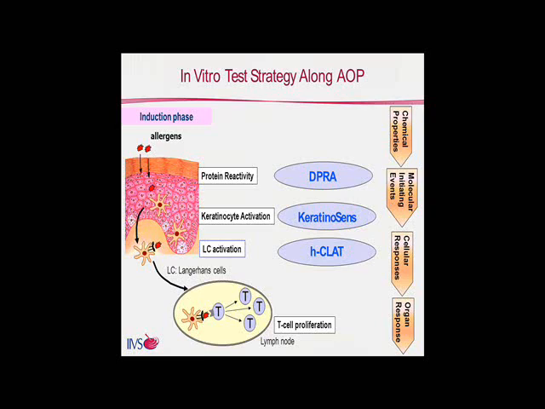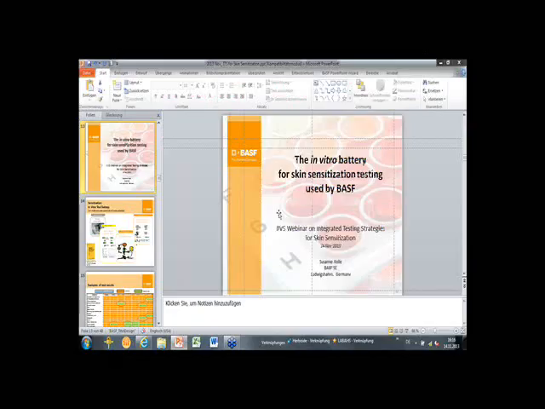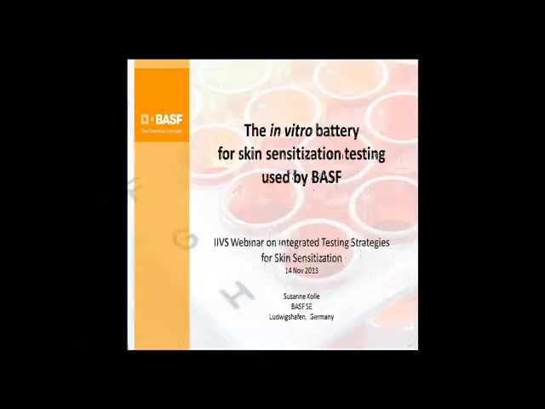Okay, thank you very much, Kim, for setting the scene for the following part of the presentation. So I'm happy to present to you a testing strategy that is used by BASF to assess skin sensitization. And just to point that out in the beginning, if I talk about identifying skin sensitizers, I'm talking about hazard identification and not so much about potency at this stage, but this will be covered by Andreas, at least in part.